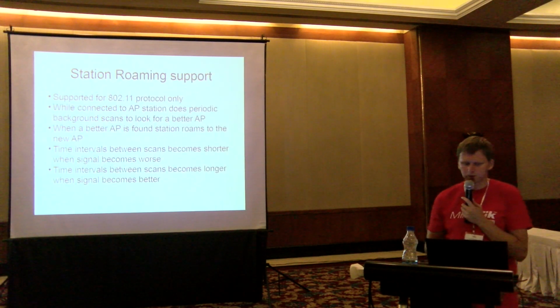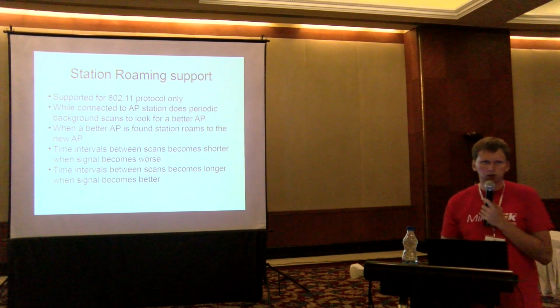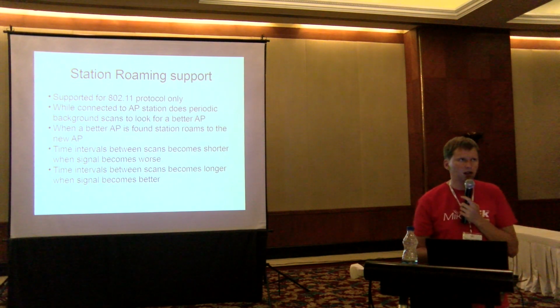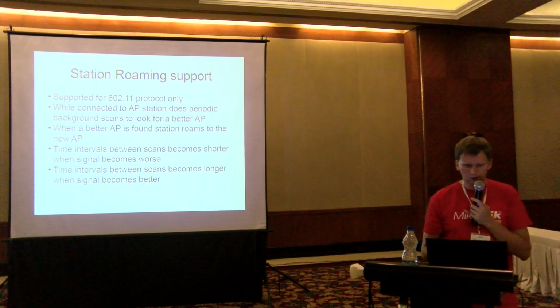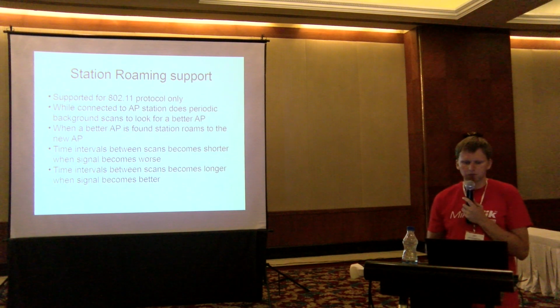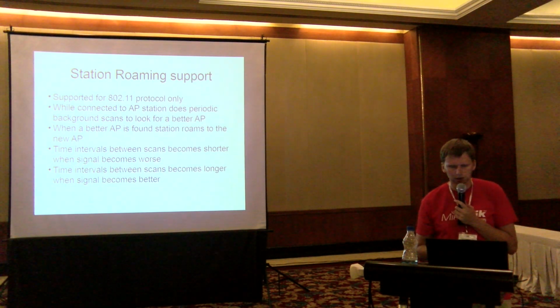OK, station roaming support. We have also had a lot of requests for mobile applications or warehouses, so some kind of robots that are moving, or some pallets or some stuff. So we have made station roaming support for our wireless clients that are running 802.11 protocol.